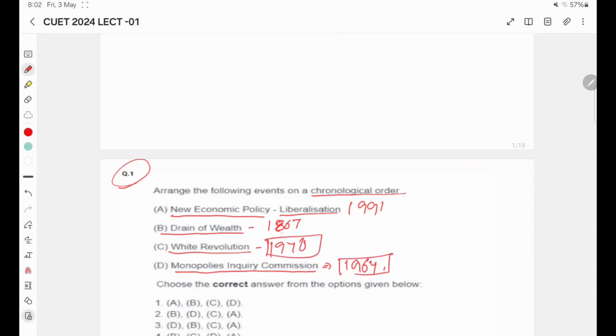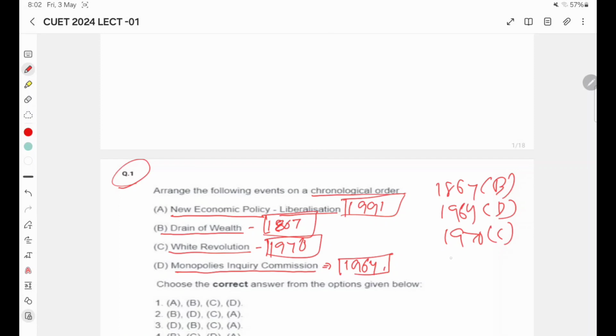So if you arrange this in chronological order, the sequencing, the first will be your drain of wealth theory 1867, so option B. Then 1964 Monopolies Inquiry Commission, the option D. Then 1970 option C, that is white revolution.